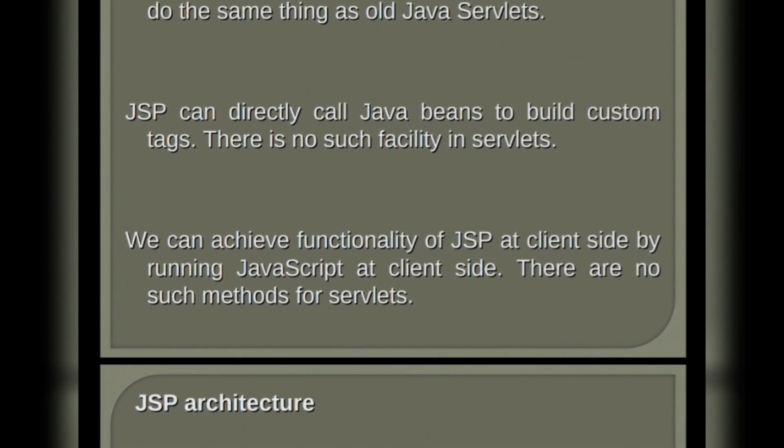JSP can directly call Java Beans to build custom tags. There is no such facility in servlets. We can achieve the functionality of JSP at the client side by running JavaScript at the client side. There are no such methods for servlets.